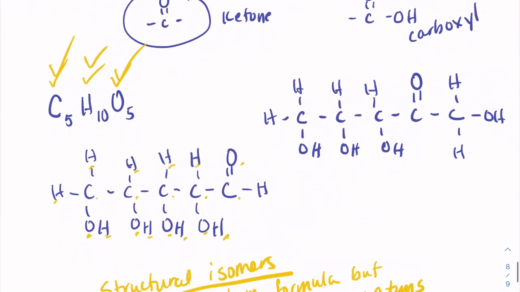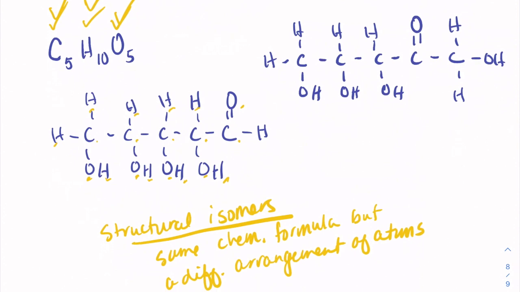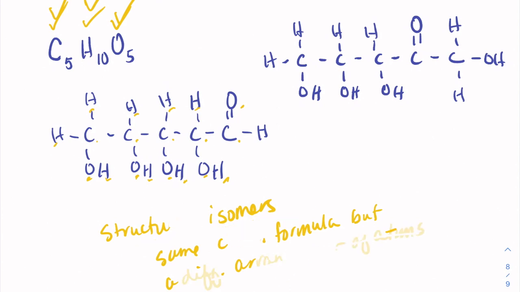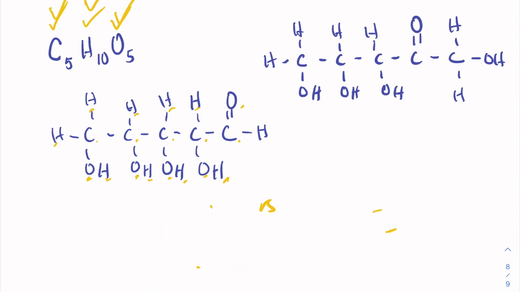All right, now I'm kind of stretching things here with drawing C5H10O5 linearly like this, because something funky happens. When you get up to 5 carbons or more, these things don't like to be in a long line. They get bendy, basically.